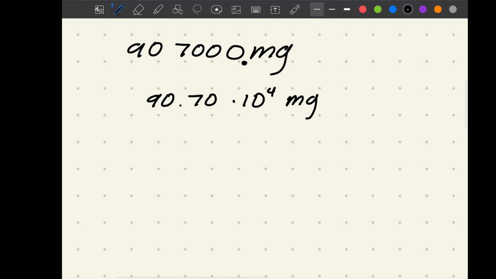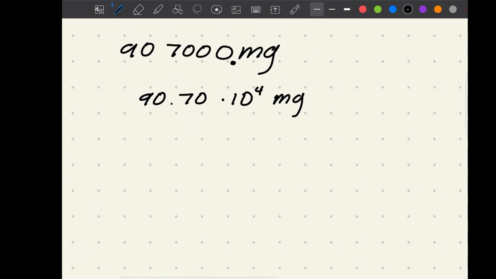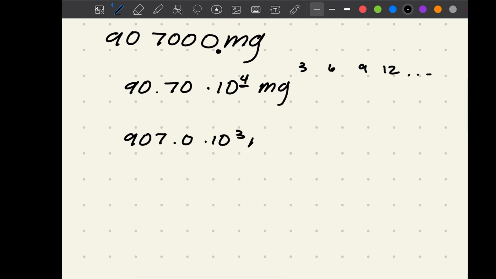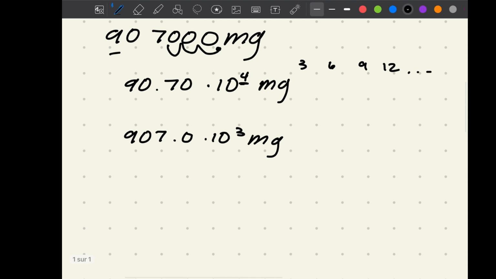Or if you are forced to write it in engineering notation, which has the exponent in multiples of 3, like 3, 6, 9, 12, and so on, we will have to write 907.0 times 10 to the third milligrams, as we only jumped 1, 2, 3 decimal places. So those are two different ways you can go about writing this answer.